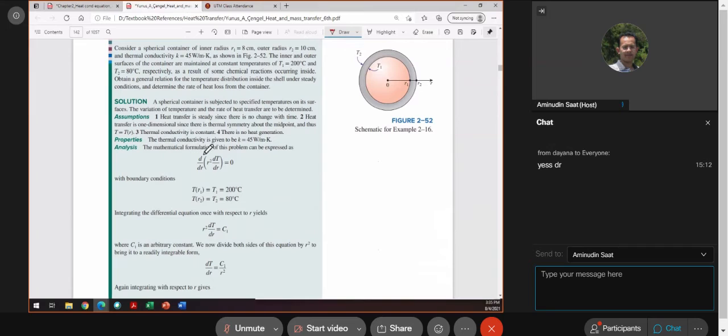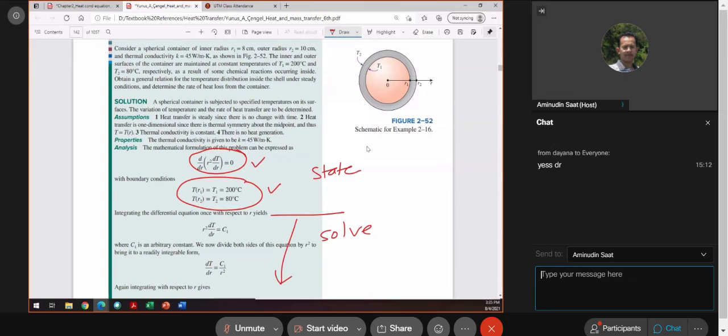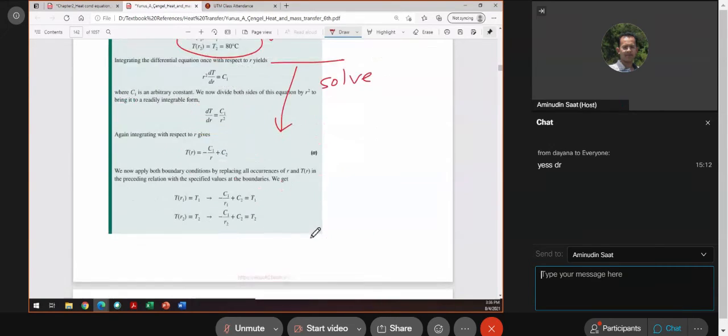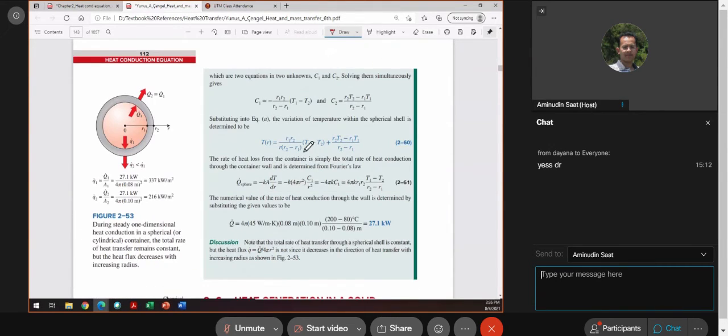So for the spherical, this is your mathematical formulation, and this is your boundary condition. These two you just need to state. When you need to solve, then you have to do some integration until finally you get the temperature variation as a function of, again, radius.